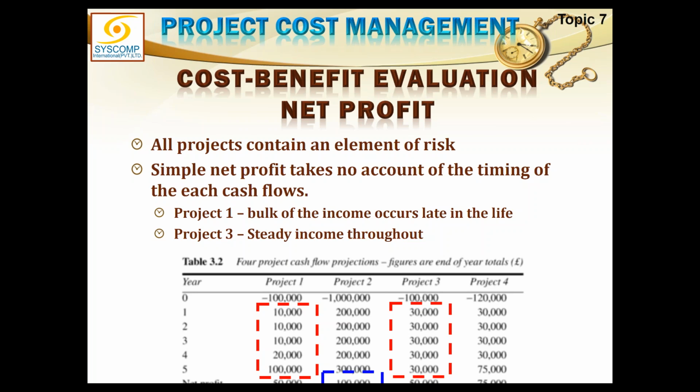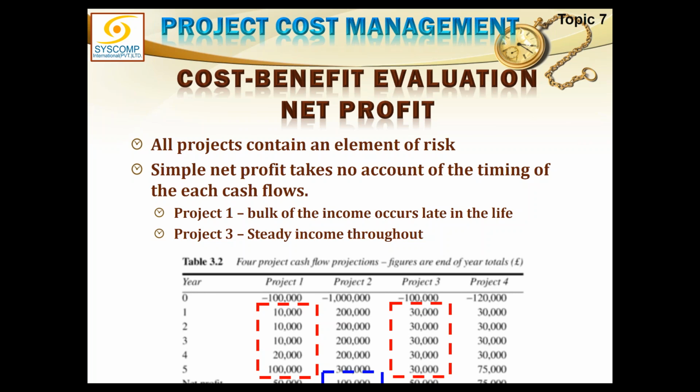The second reason, anyone else coming up with another reason why it is not a good method? Because the amount is like 1 million spent and the ROI is more or less the same percentage. Right.